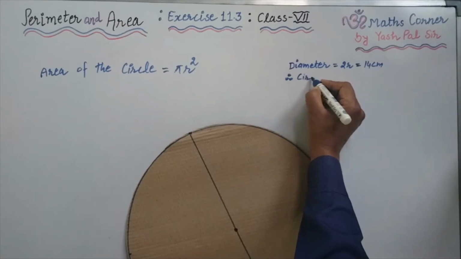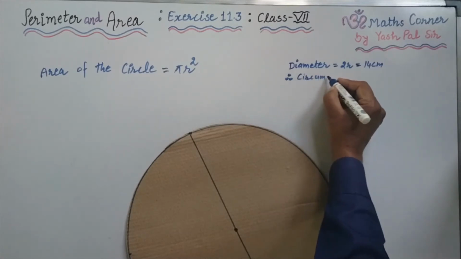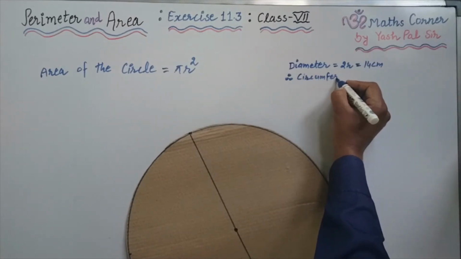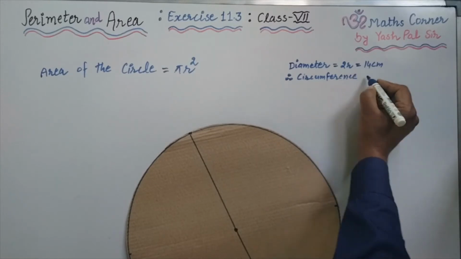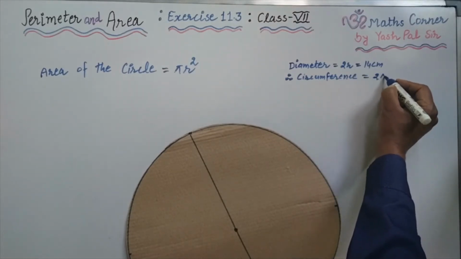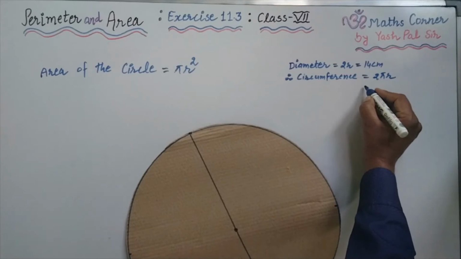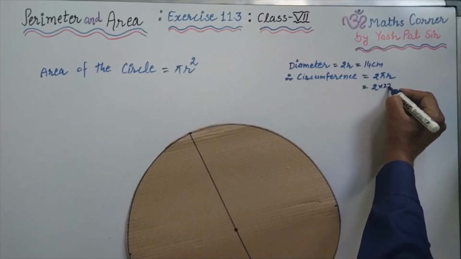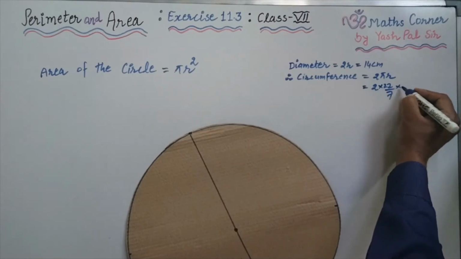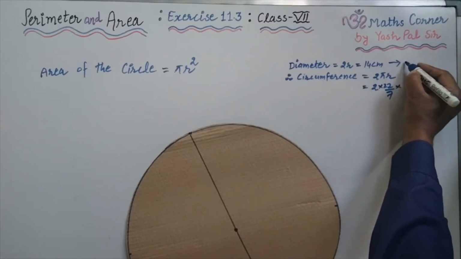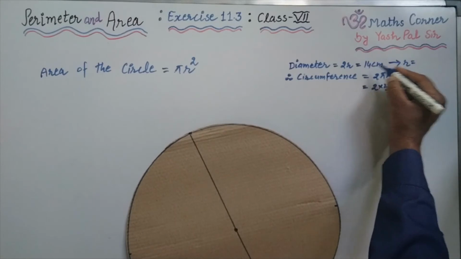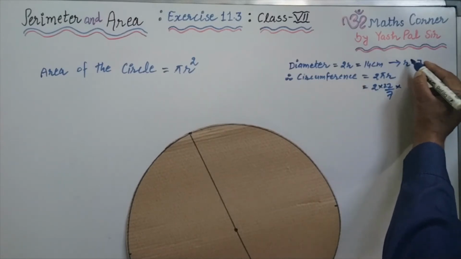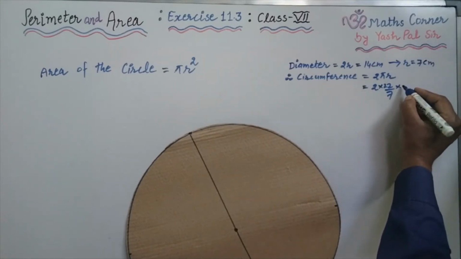Therefore, what is circumference? Circumference, that is, the formula is 2 pi r. So what we say, 2 into pi, that is 22 upon 7, and r, from here we can say r is half of the diameter, that is 7 centimeter.